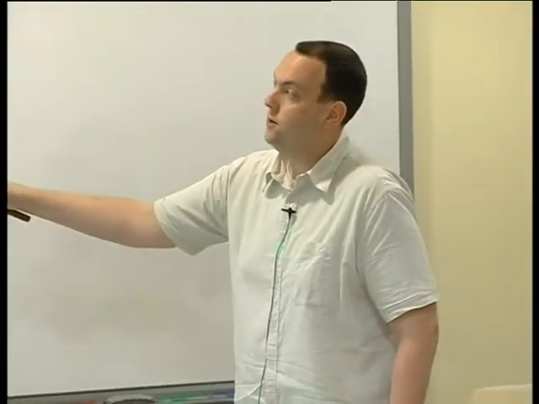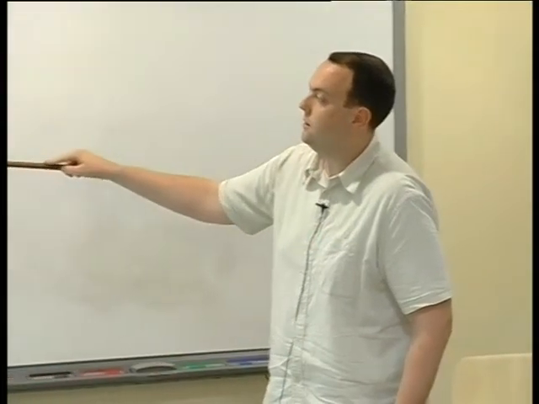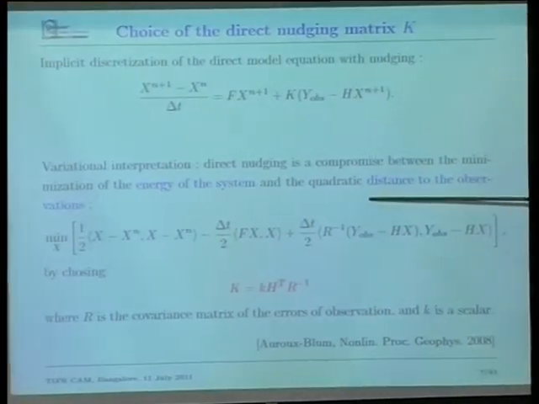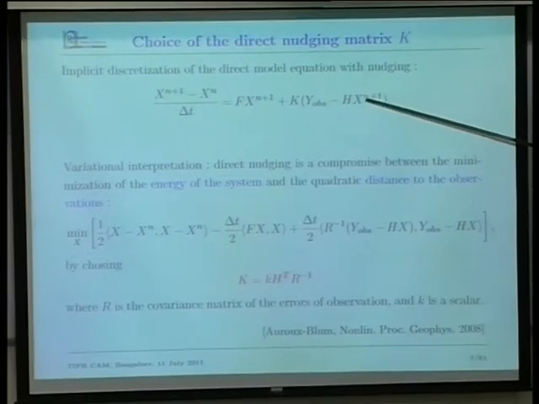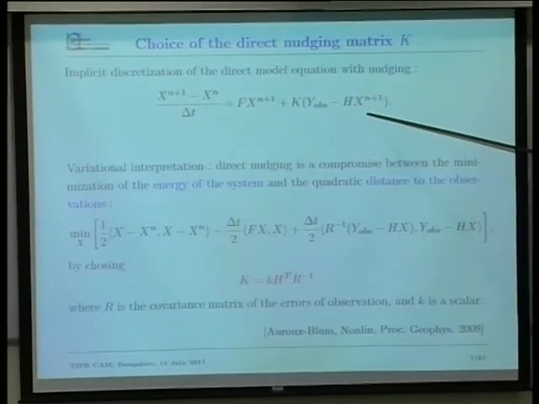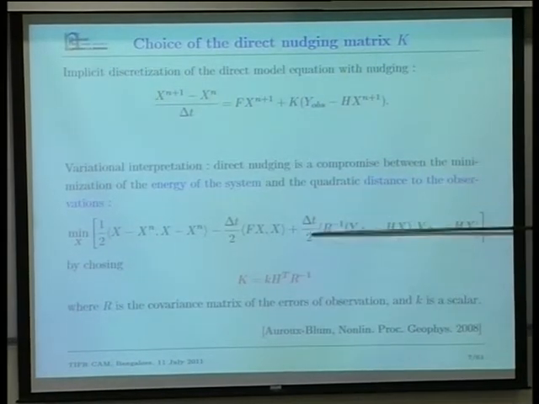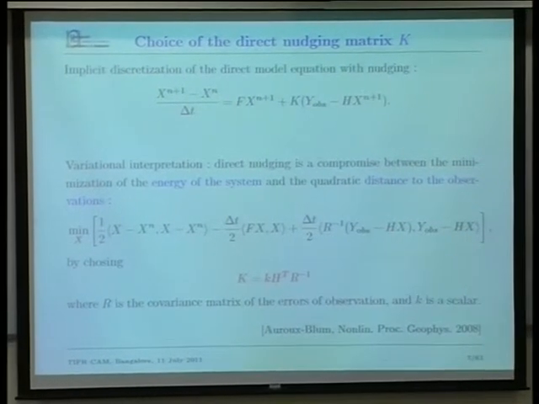So for direct nudging, we still use the variational interpretation that I gave on Friday, I think, which is that if you discretize in time the direct model with nudging, you can see that the nudging state is simply the minimum of a variational principle.